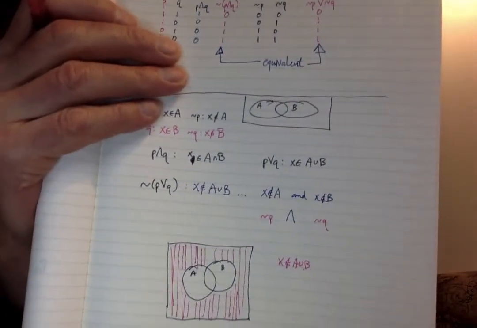The alternative is that x is not in A and that x is not in B. If x is not in A, I'm going to use diagonal slashes for that.